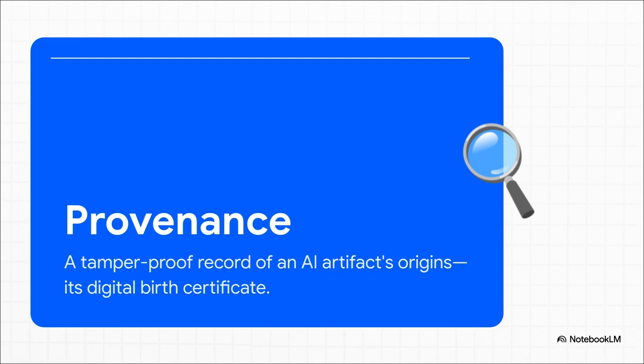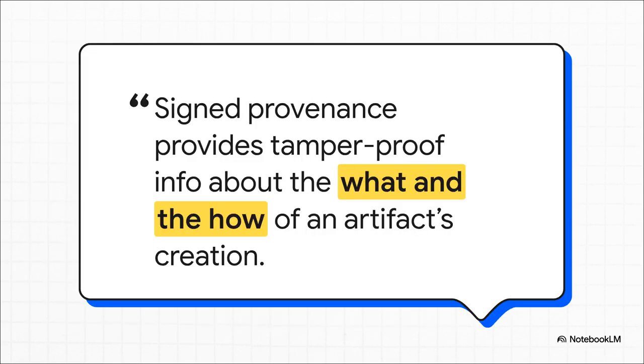It proves where it came from. And it's not just about a list of ingredients. When we say signed provenance, we're talking about using cryptography to guarantee that the record is authentic and hasn't been messed with. This gives you a trustworthy story of not just what is in the model, but the entire secure process of how it was actually created.